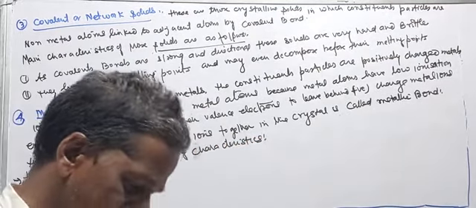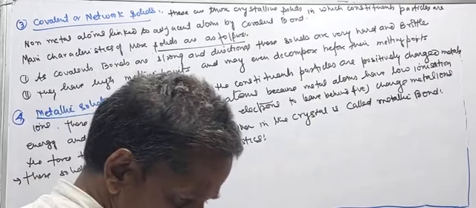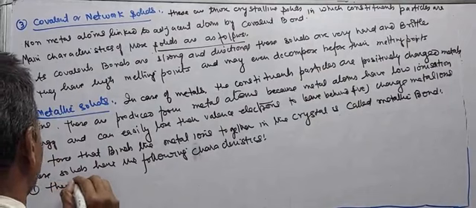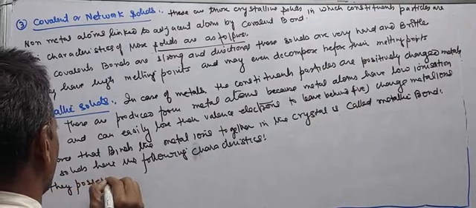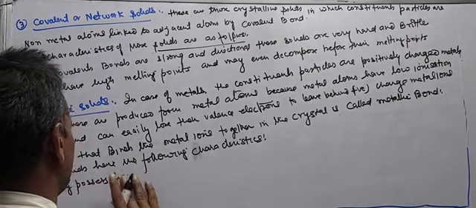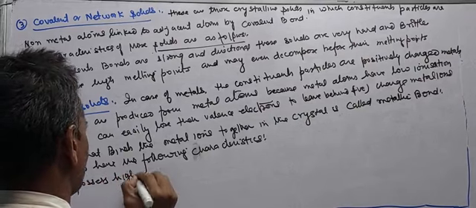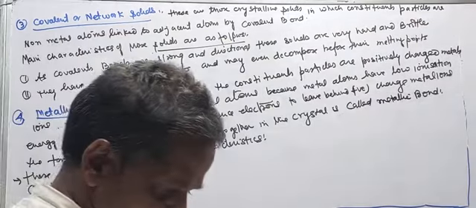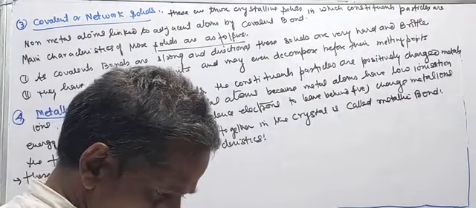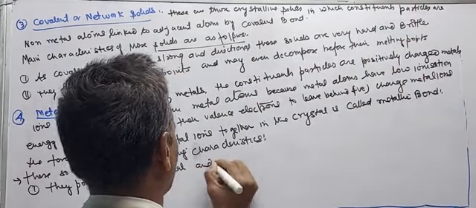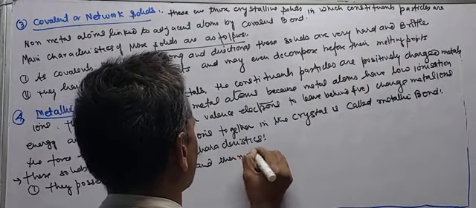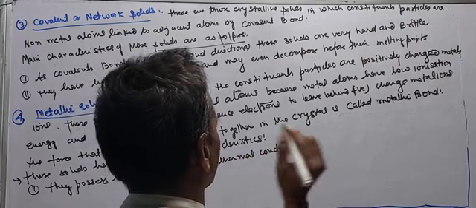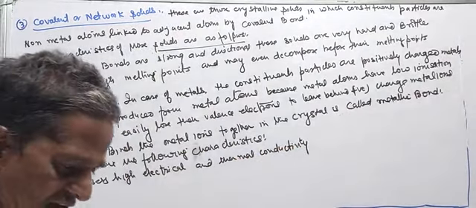Number first, they possess high electrical and thermal conductivity. थर्मल कंडक्टिविटी, उनकी विद्युत चालकता और उष्मीय चालकता ज़्यादा होती है.